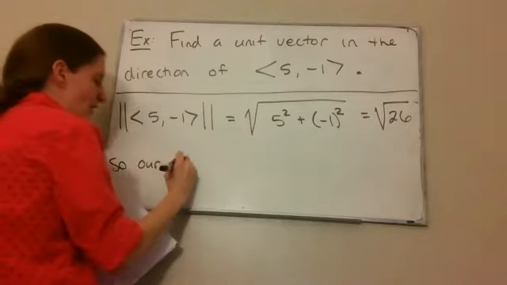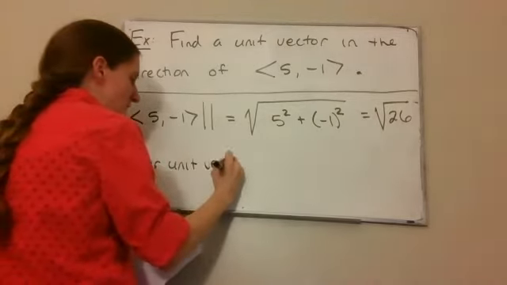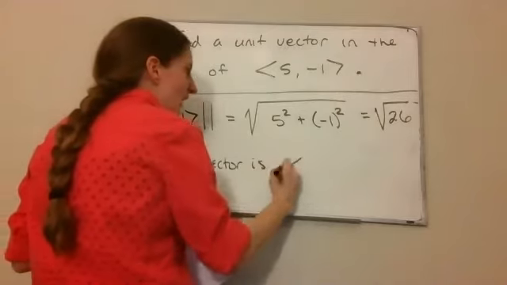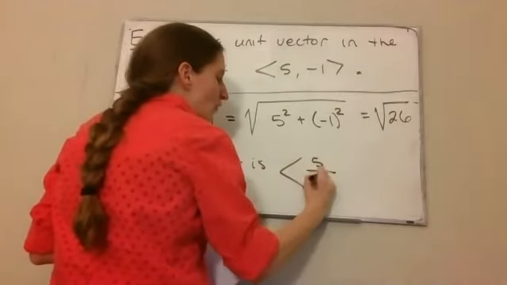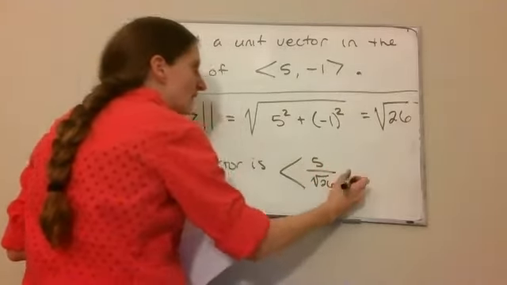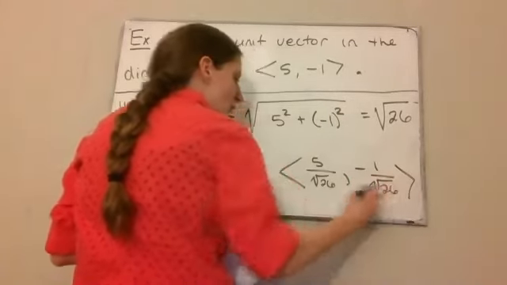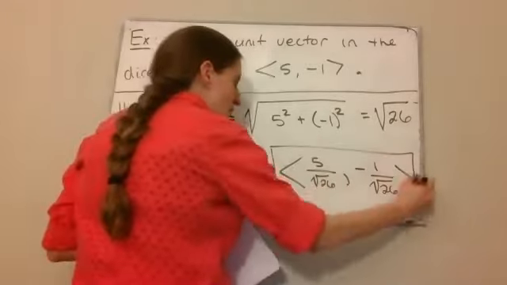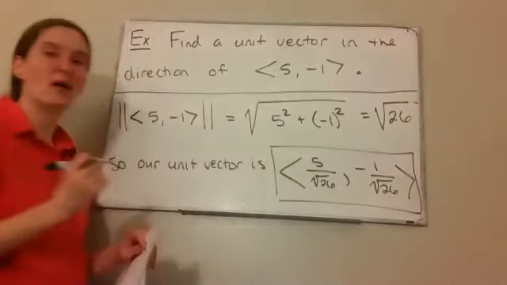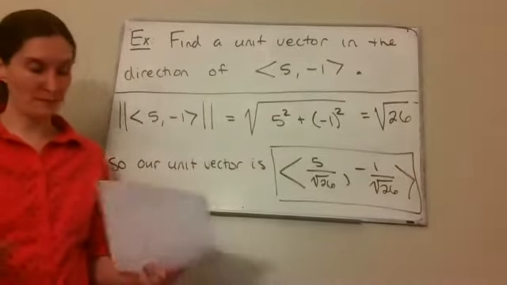So our unit vector is 5 over the square root of 26 and -1 over the square root of 26. It's the same direction, but now it's going to have magnitude equal to 1.